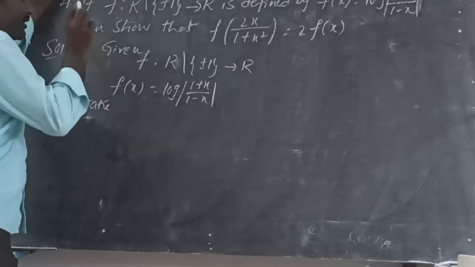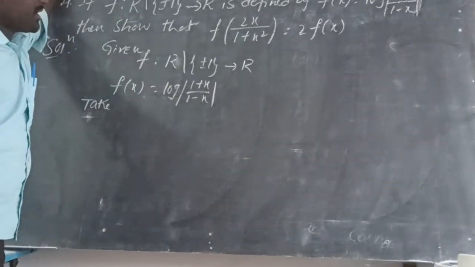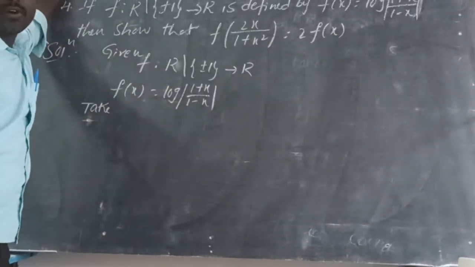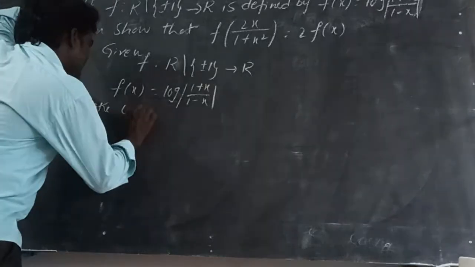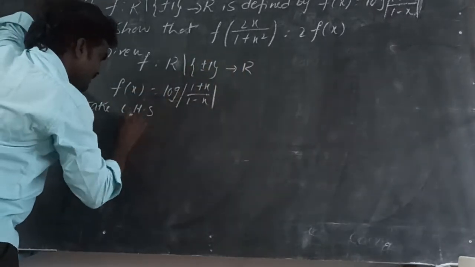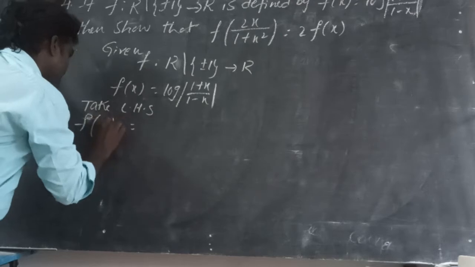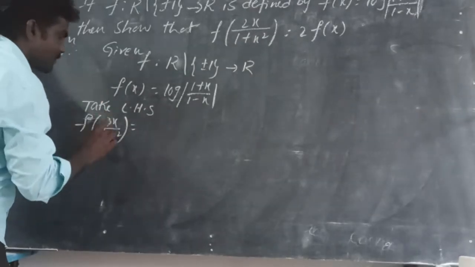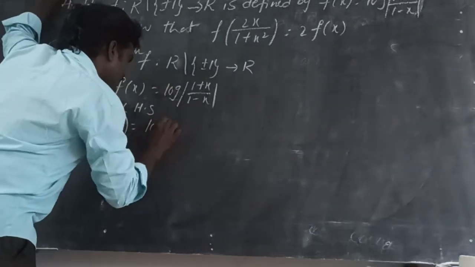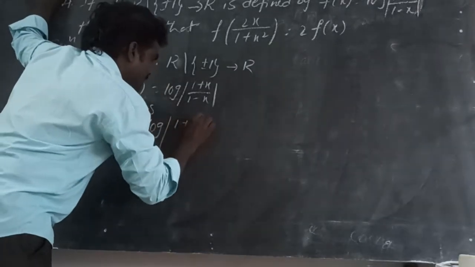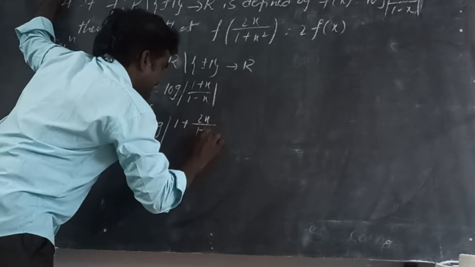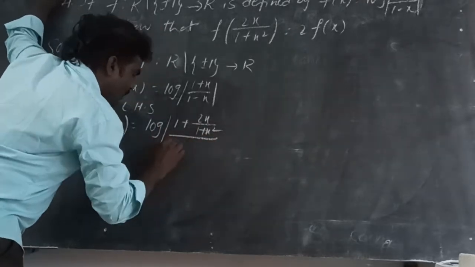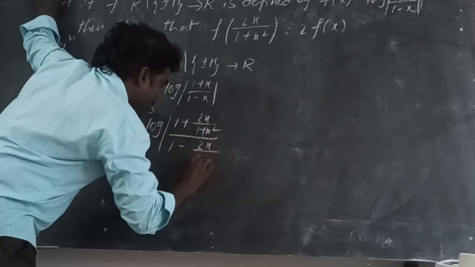Prove that f of 2x by 1 plus x square is equal to f of x. So take LHS, that is f of 2x by 1 plus x square. In the place of x you can put 2x by 1 plus x square. So that is log modulus 1 plus 2x by 1 plus x square by 1 minus 2x by 1 plus x square.